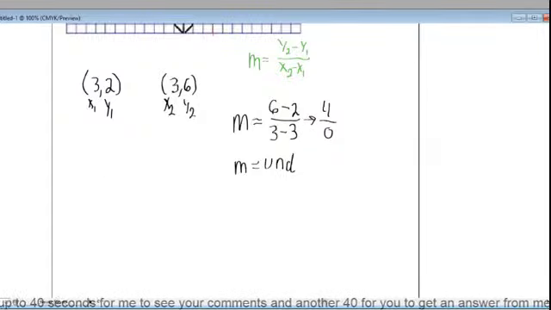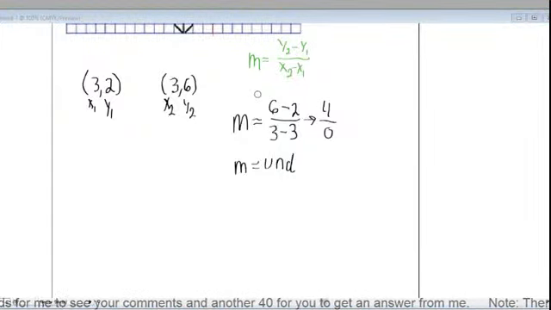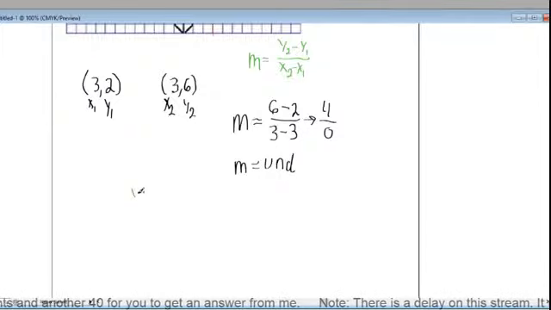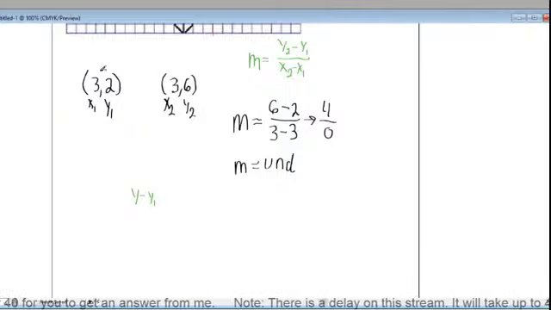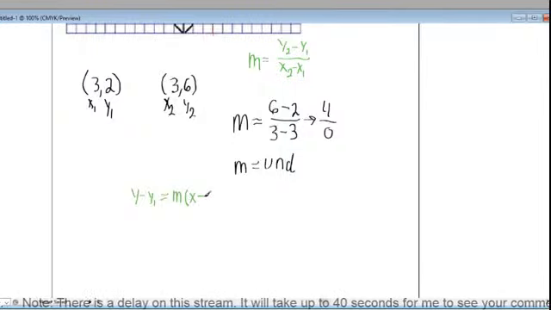And the next one is our point slope form, which is y minus y1, again one of these points here, equals m, our slope, times x minus x1.